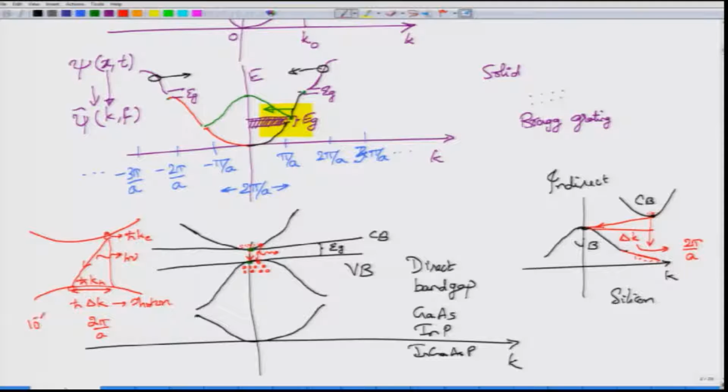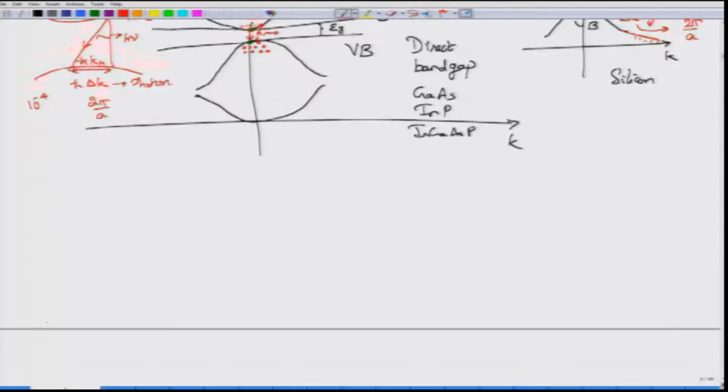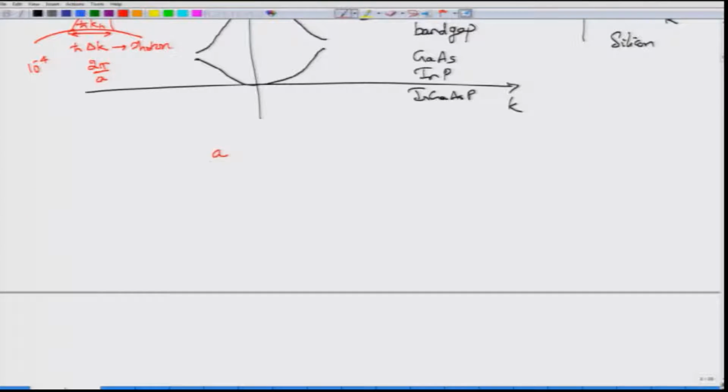This is about 10 to the power minus 4, because you can show that the relative delta k necessary will be given by a by lambda, where a is the interatomic spacing, which for many cases is 1 angstrom, that is 1 into 10 to the power minus 10 meter. And if you are looking for emission of 1 micrometer light, this is the normalized delta k change that you want, which is around 10 to the power minus 4.